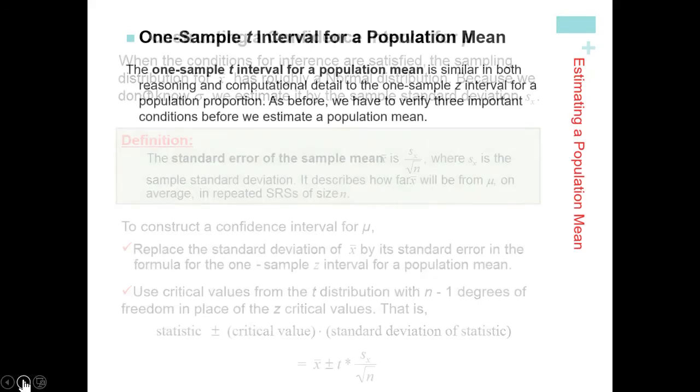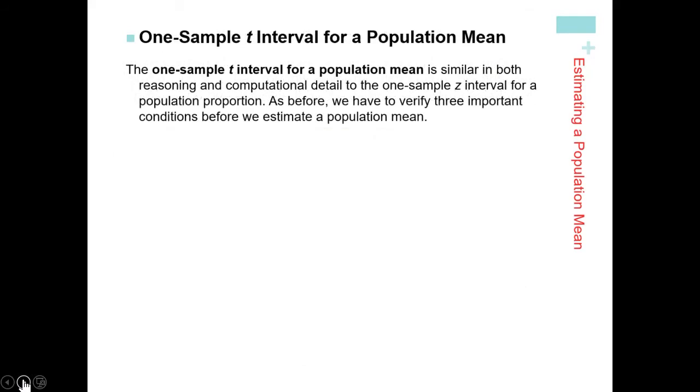So let's look at an example here. Actually, first off, let's talk about conditions before we construct this interval, because we're going to use the same 4 steps that we've been using. Step 1, we're going to state what interval we're finding. Step 2, we're going to state the kind of test. So in this case, we want a 1 sample t interval.